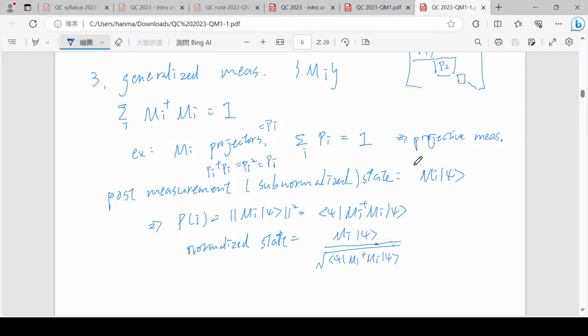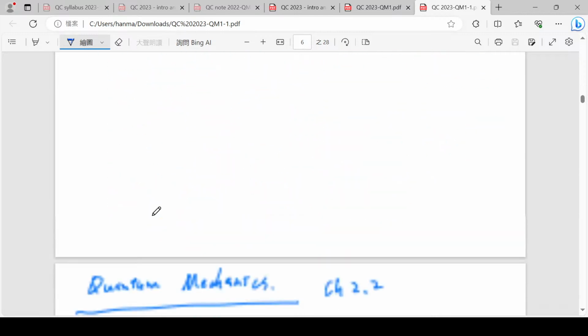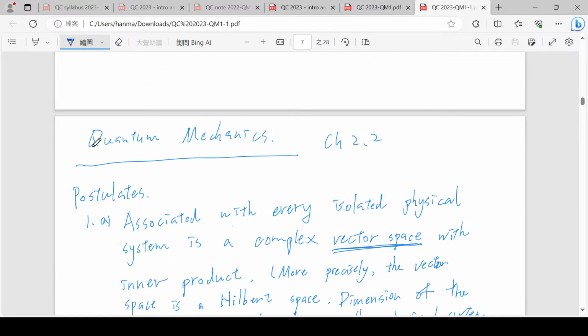The actual post-measurement state, if you renormalize it, you get by dividing this by its norm, so it is a unit vector. Questions? Otherwise, we'll do the book version of the postulates of quantum mechanics.